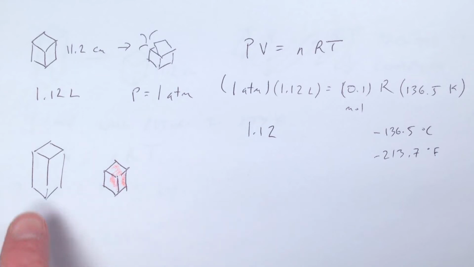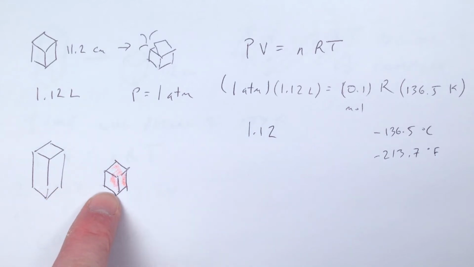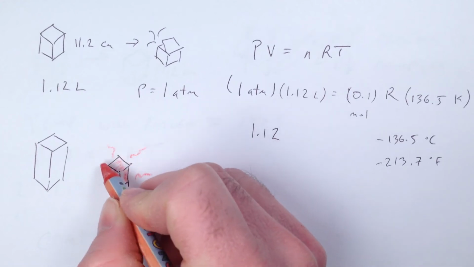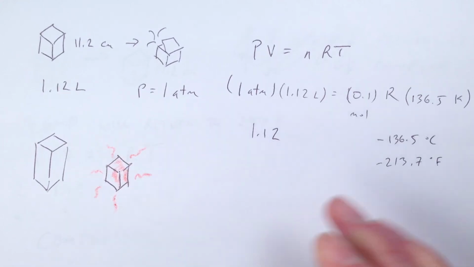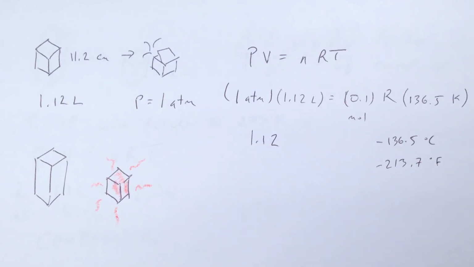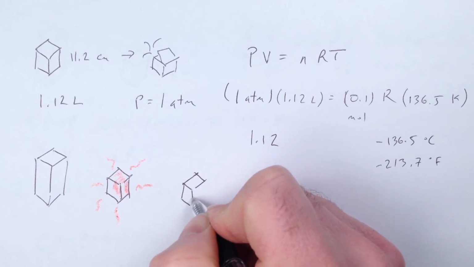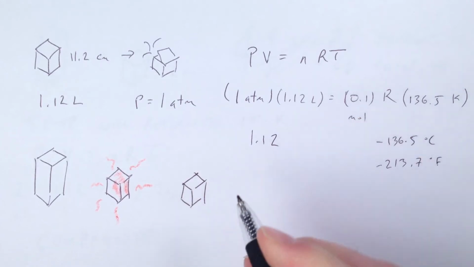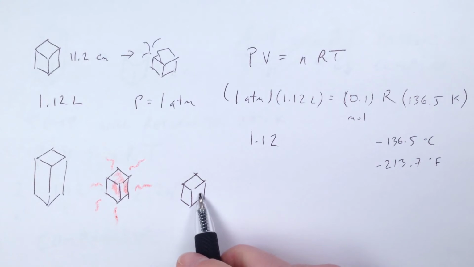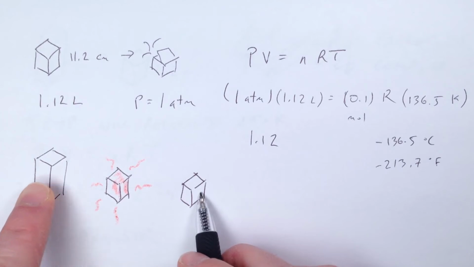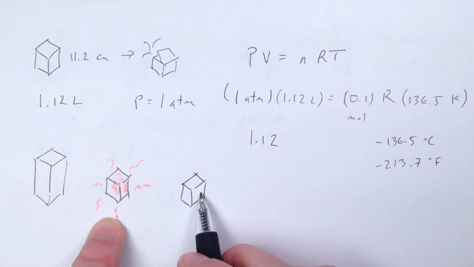Now, if you've done work and that's resulted in a change in temperature, but then you allow that temperature difference to equalize, you end up with a sample of gas that has less energy than it had originally because you did work, it changed some of that energy into heat, and that heat was able to leave.